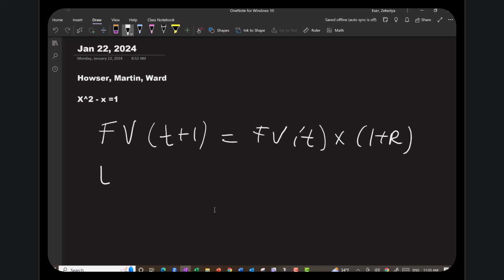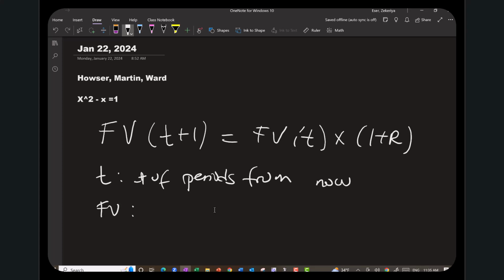Here, T is the number of periods from now, and right now I'm dealing with it at an abstract level. It could be a week, a day, a year. It's just a period, without worrying about units of measurement.